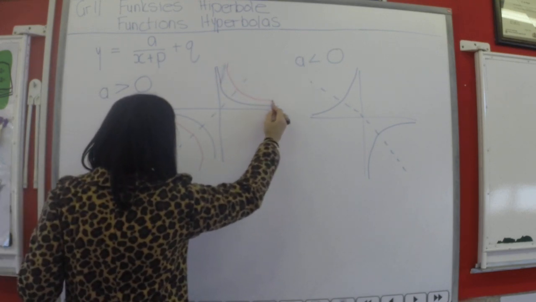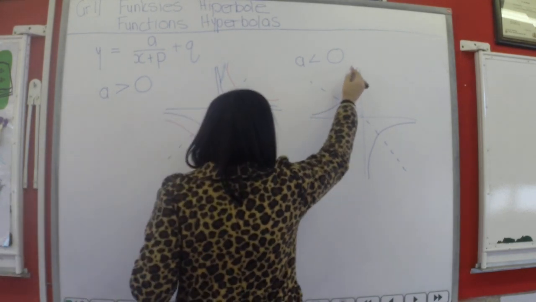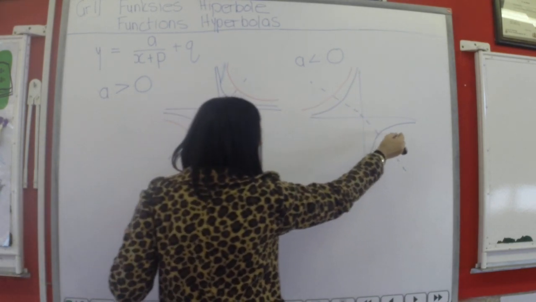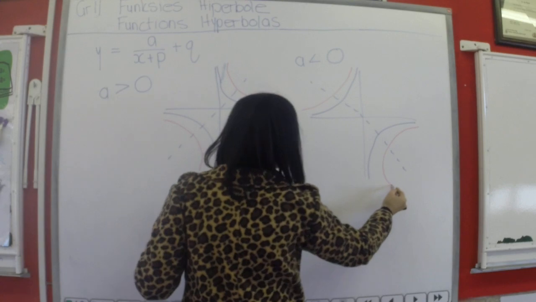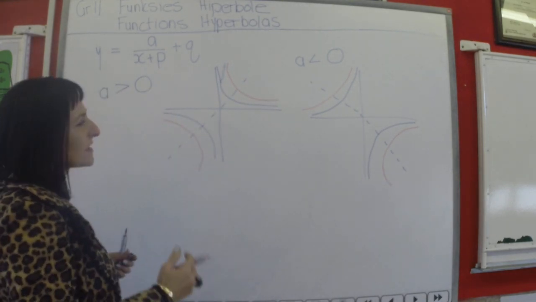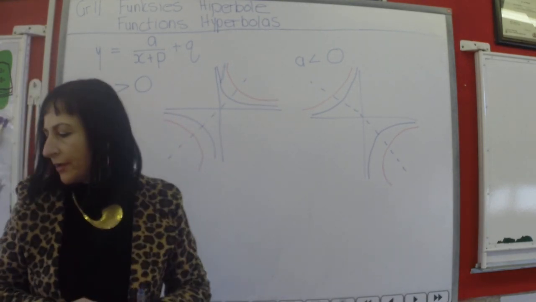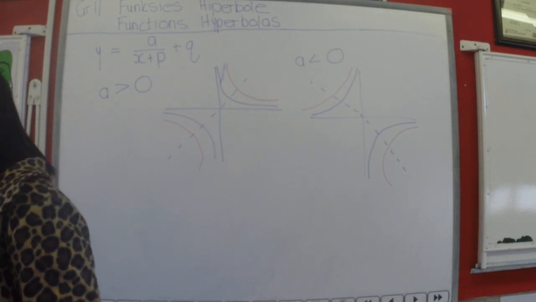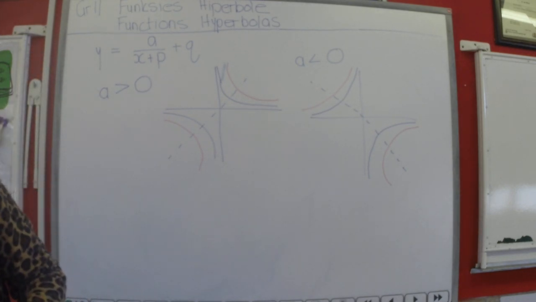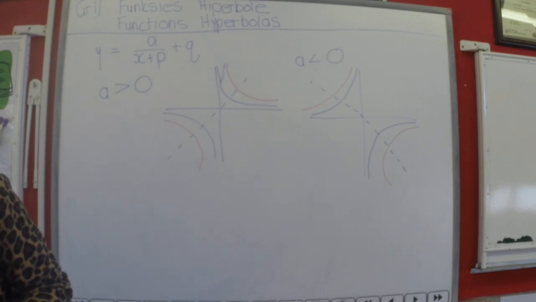Hy sal steiler en steiler word. So as A groter word, dan gaan hy sy ruggie so bietjie holler trek. Hy gaan steiler word, soos wat A groter word. Okay, that's the whole purpose of A.